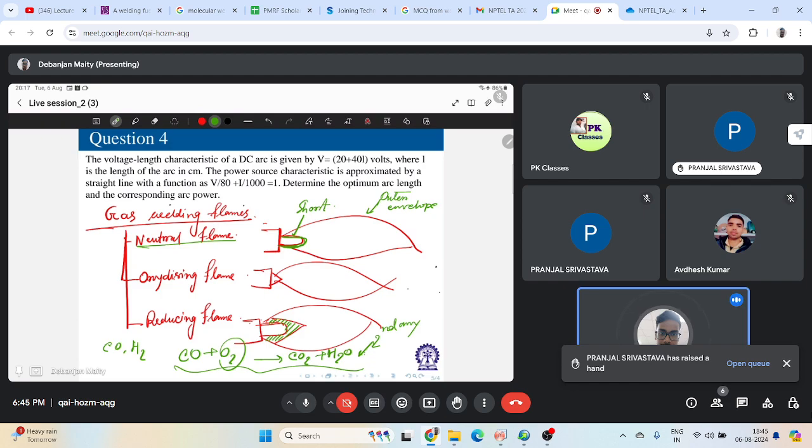C2H2 plus O2 is called primary combustion, right? Got it?